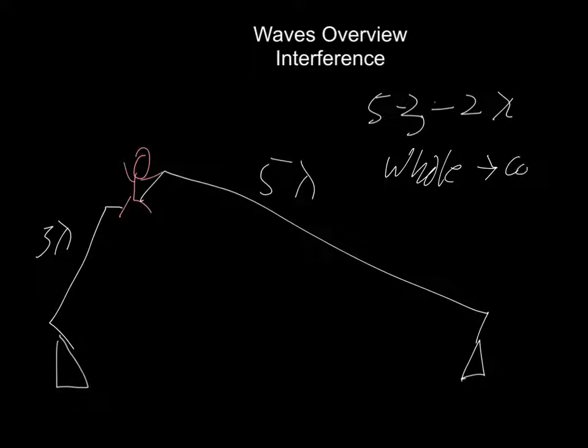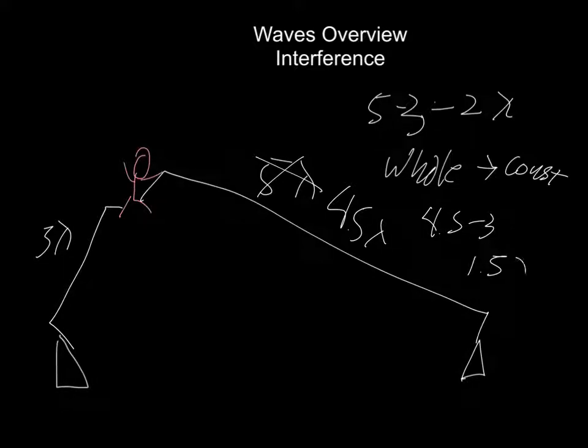So this is constructive. And then if we get a half wavelength, so let's say instead of 5 wavelengths, this other one was, let's say it was 4.5 instead of just 5, 4.5 wavelengths, then we would have 4.5 minus 3, which would end up with 1.5 wavelengths.